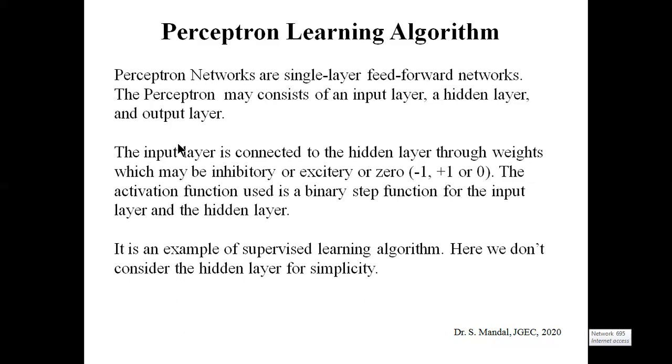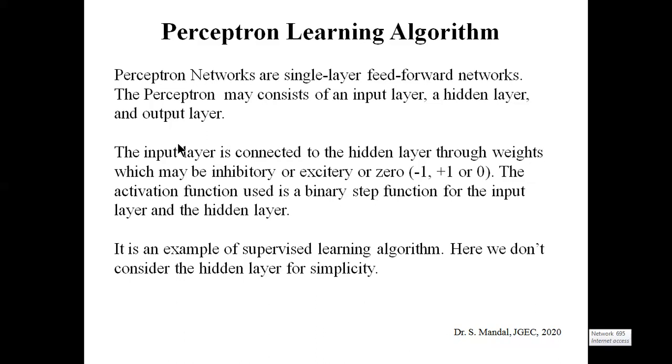Now, coming to the next point. In the case of the perceptron, the input and output are also bipolar in nature. It can take -1, 1, or 0 also. In the perceptron learning algorithm, we consider the activation function as the binary step function; that function will be expressed later.